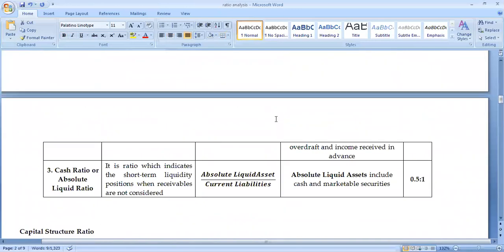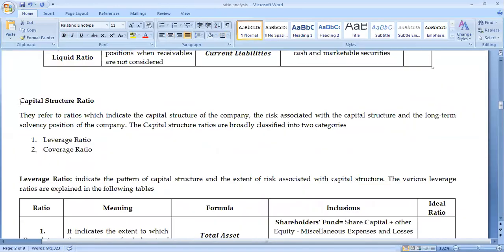Okay. Now we will move on with the capital structure ratio. Before that, we will see what actually the capital structure is. So capital structure is nothing but the combination of what? Debt and equity.